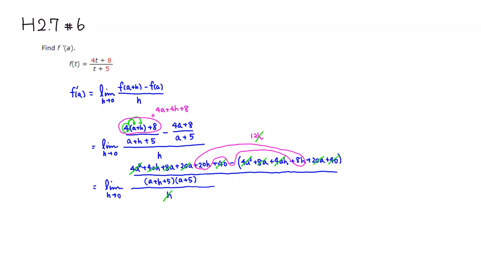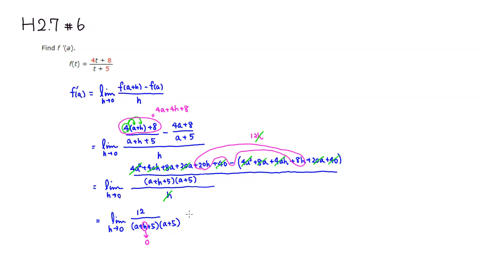What's left is a limit. There's a 12 left over, and h is gone, so you have a plus h plus 5 times a plus 5 on the bottom, and h is going to 0. So h approaches 0 and basically disappears.